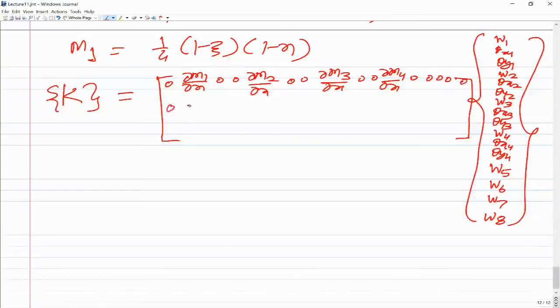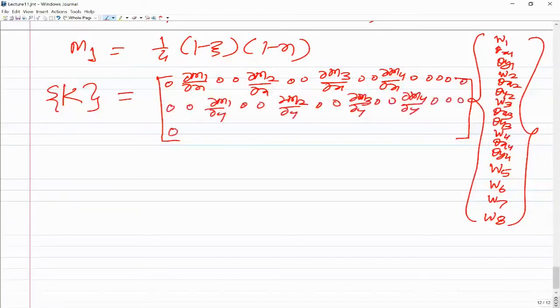Similarly, del theta y by del y would be del m1 by del y, 0, 0, del m2 by del y, 0, 0, del m3 by del y, 0, 0, del m4 by del y, and then 4 zeros.